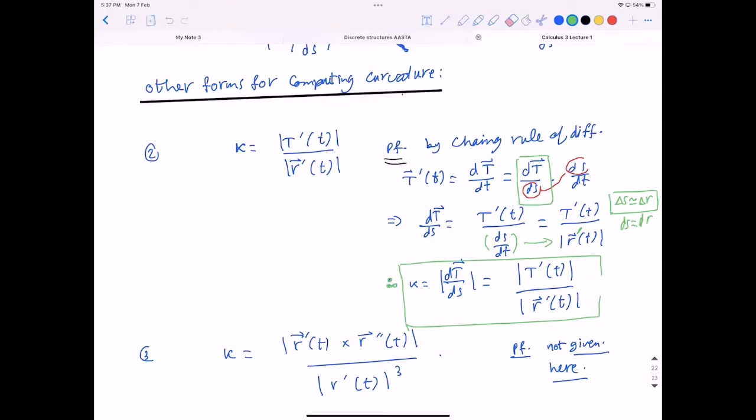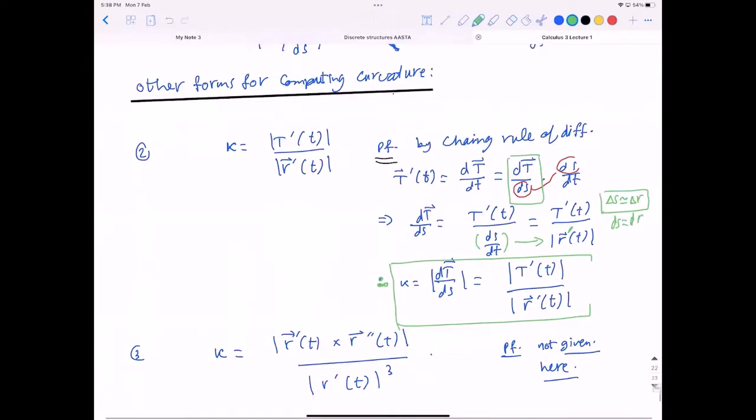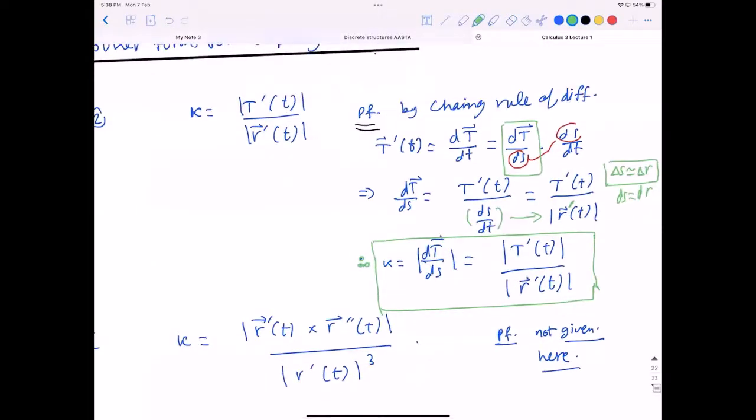What is there? Given r, we find r prime, from r prime we find T, then we find T prime. So we will take derivatives twice, and then divide by the magnitude of the first derivative. This is not bad, but we have something better and easier than that.